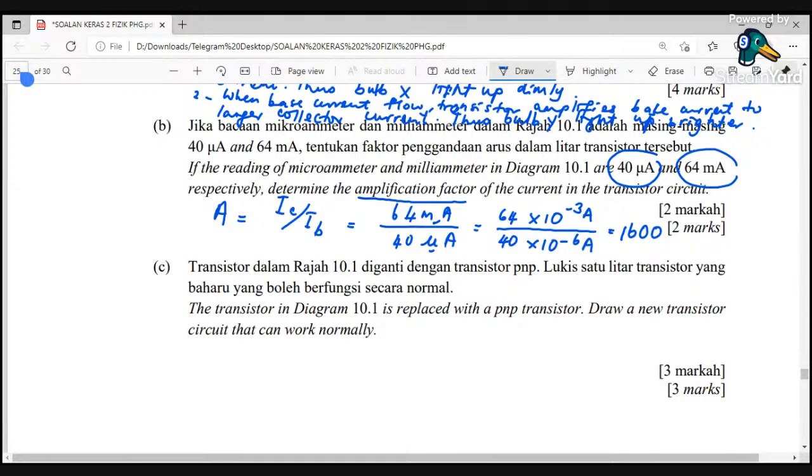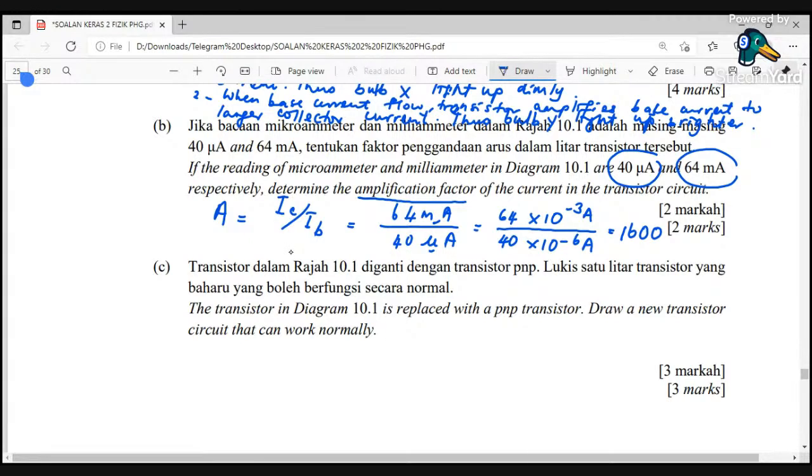Meaning, IC is 1600 times greater than IB. So a small IB will produce a very, very large IC. That's a function of amplifier. Function as amplifier. Penguat arus, dia meningkatkan jumlah arus.